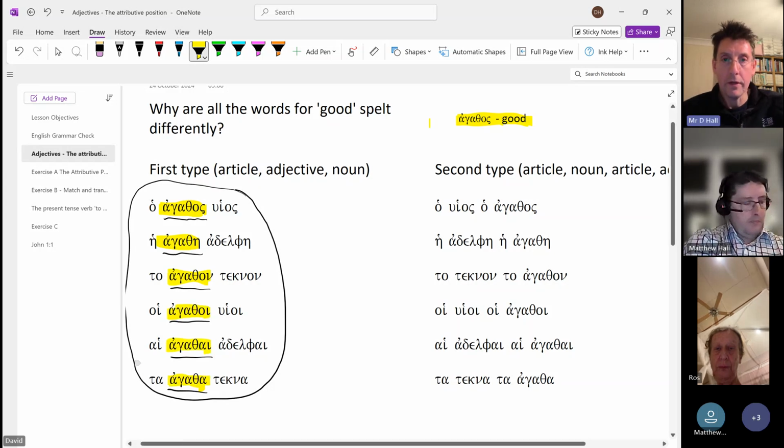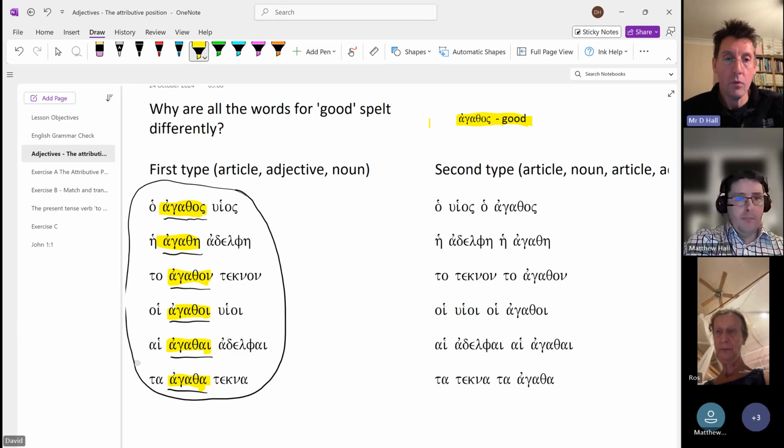Now, hopefully you can see the connection between the word that I've highlighted in yellow, the word good, and the noun which it's describing. If you can't translate that noun, you can see, I'm sure, that the endings are similar, and that's the key. Basically, when you want to describe a noun with an adjective, it needs to agree.